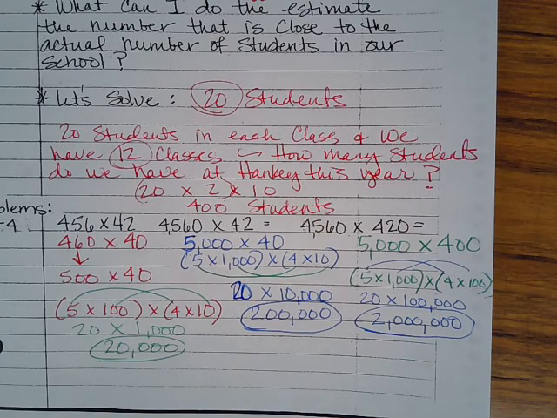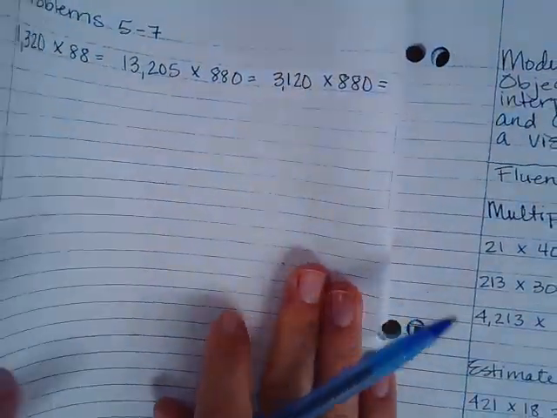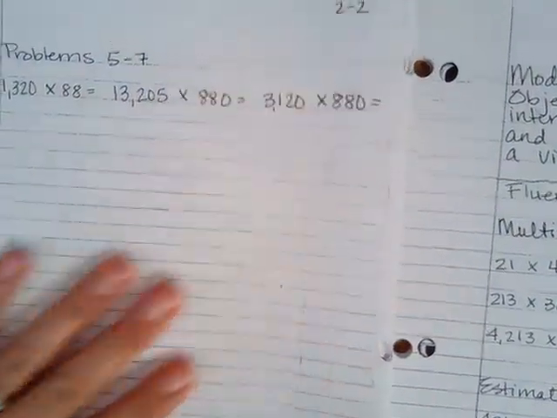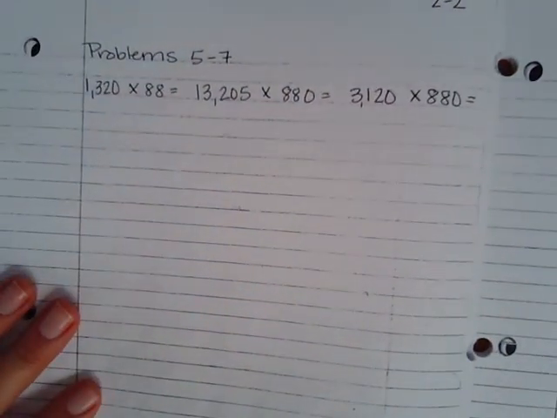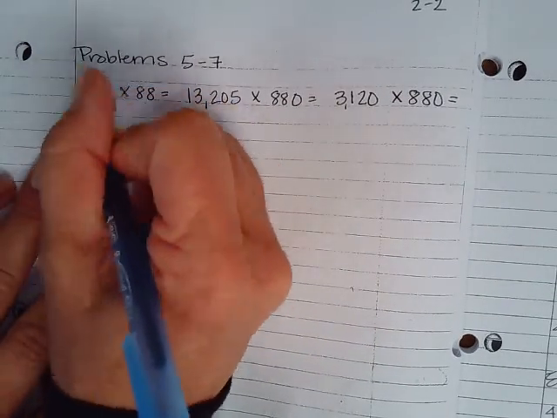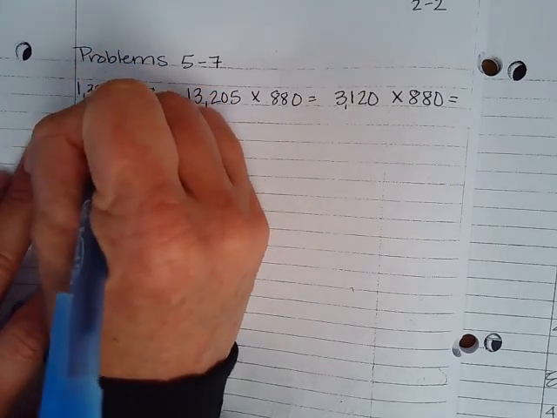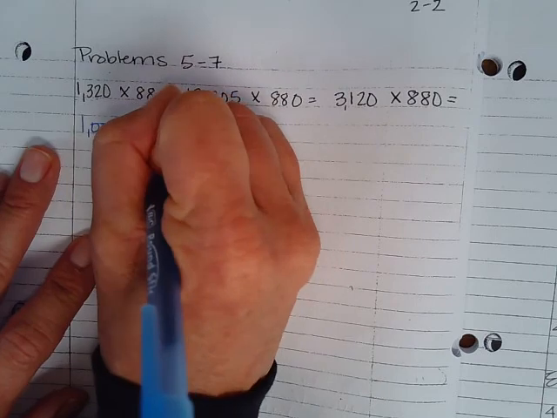All right. I don't even think that we're going to bother with these problems here. But if we were just to quickly run through this, and I said, let's round these numbers, I would round 1,320 to 1,000 times 90.